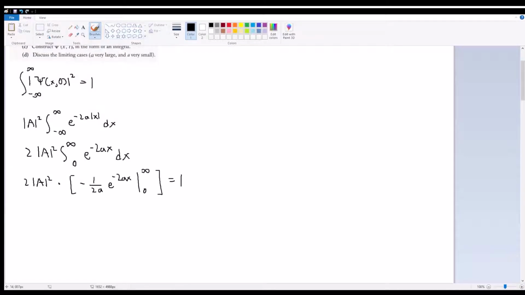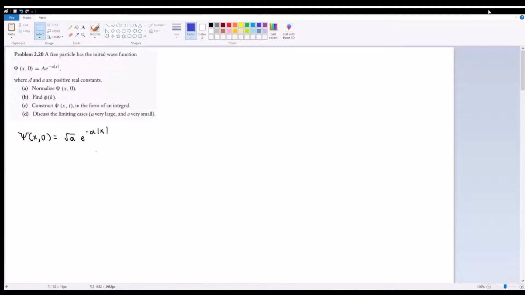And if we write this out fully, then we have negative 1 over a times magnitude A squared times, and then this e to the negative infinity is just 1 over e to the infinity, which is 0, subtracted by e to the negative 0, or e to the 0, which is just 1. So the two negatives cancel out, and we have magnitude A squared is equal to a, or A is just equal to square root of little a. And that is part A.